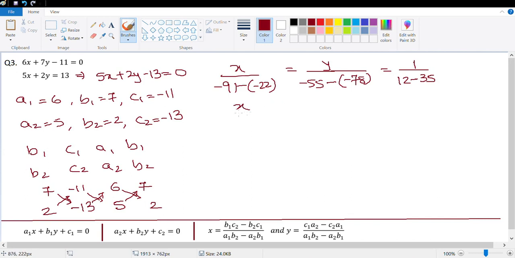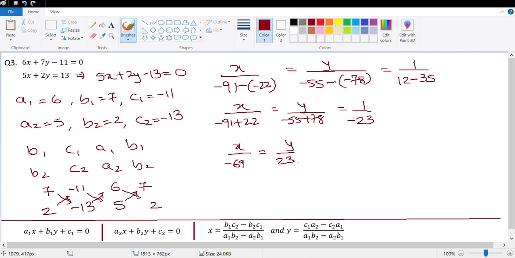So that's x upon negative 91 plus 22 is equal to y upon negative 55 plus 78 is equal to 1 upon negative 23. So that's x upon negative 69. Yes, negative 69 is equal to y upon 23 is equal to 1 upon negative 23.